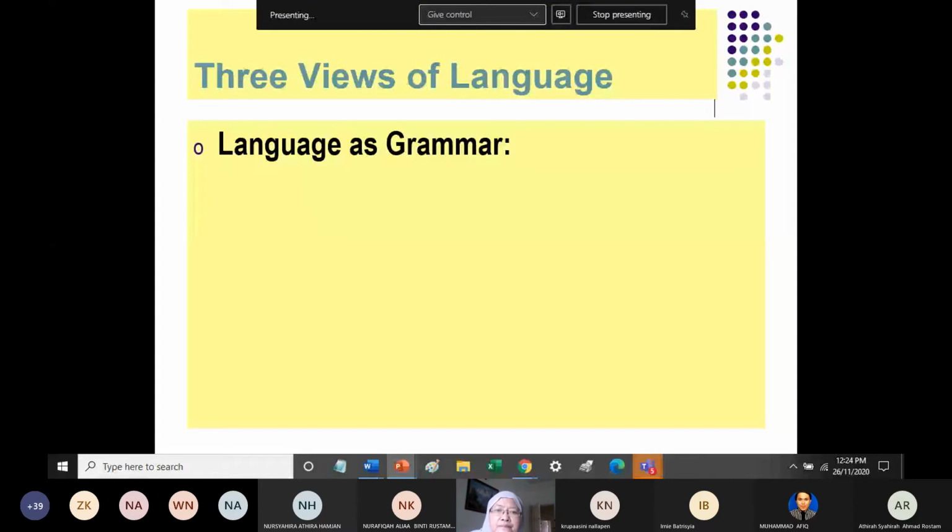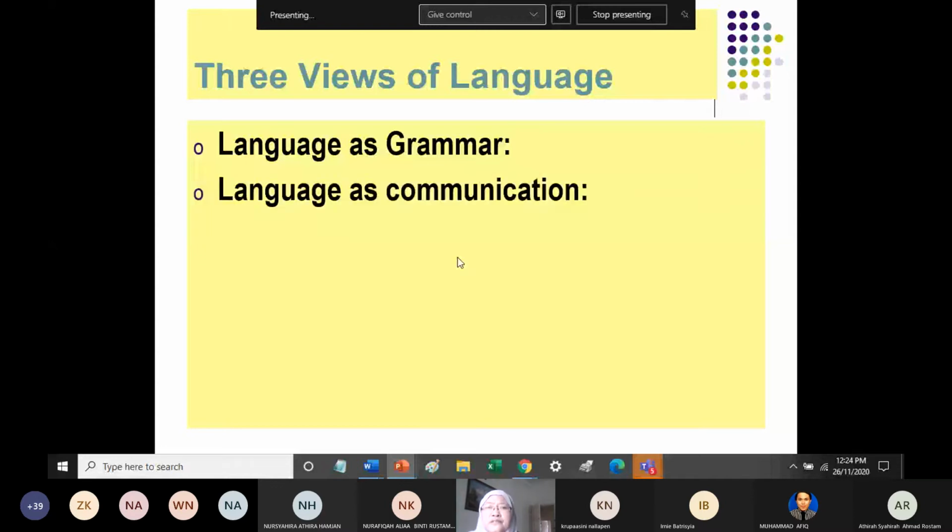And then language as communication, we have not looked at it, but maybe in this short lecture, or in the slides, we might see how language functions as communication. But basically, language is the conduit that we use to communicate with one another, the medium. And language as a thing, language to be studied. Yeah, so like my friend just now, Dr. Nicholas, he studied the Jahai language. So the Jahai language becomes a thing that he studies.